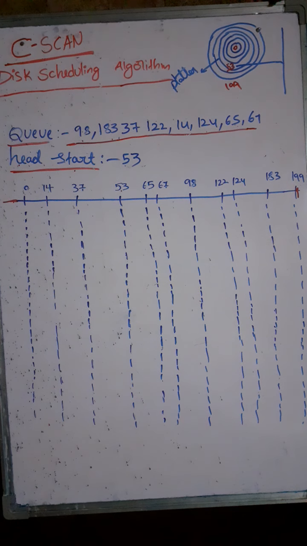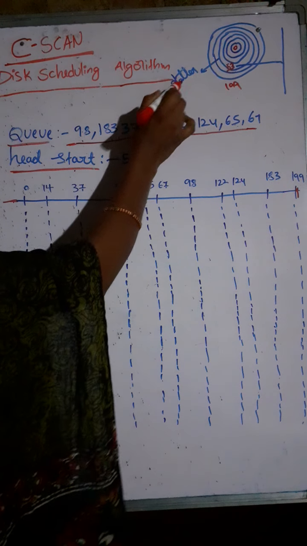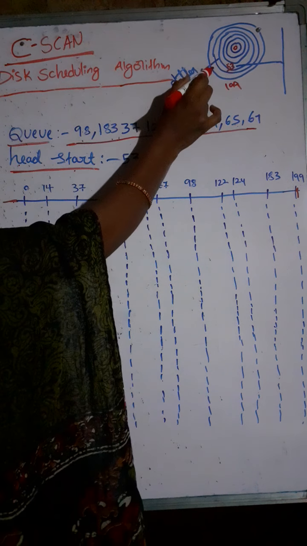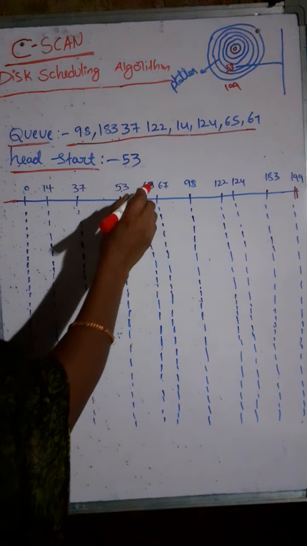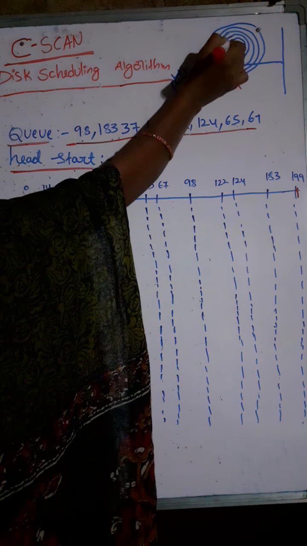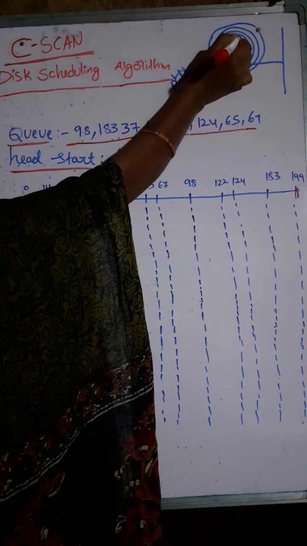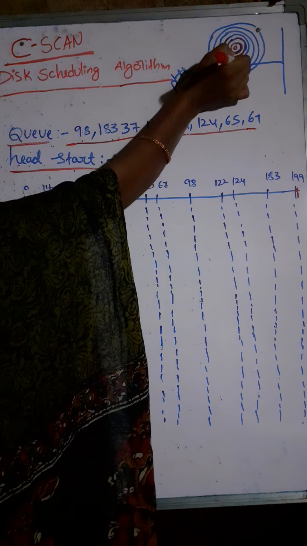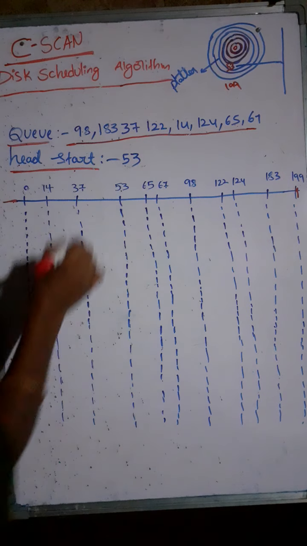We know that a hard disk contains many platters, right? Let us assume that this is one platter, and each platter has many circular shaped tracks. So these are called circular shaped tracks on the platter. In each platter we can have thousands of circular shaped tracks.